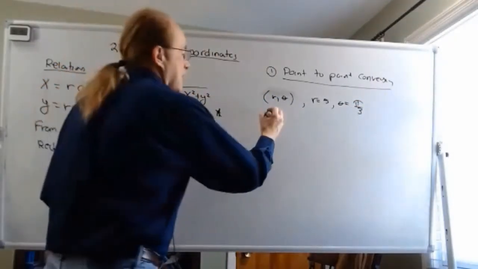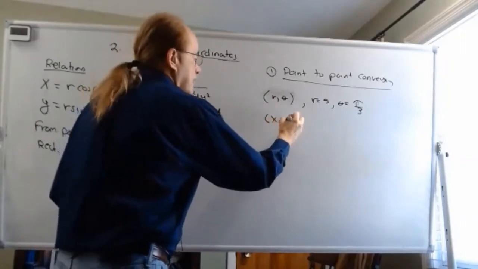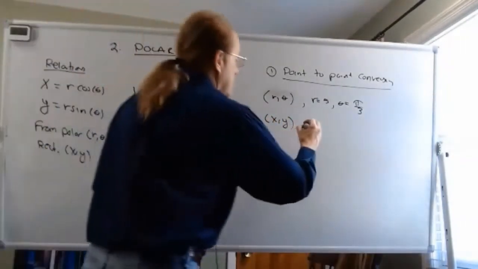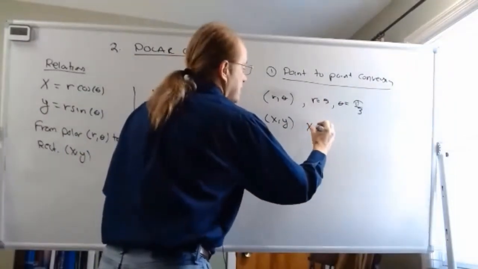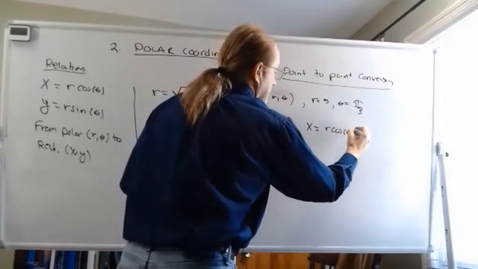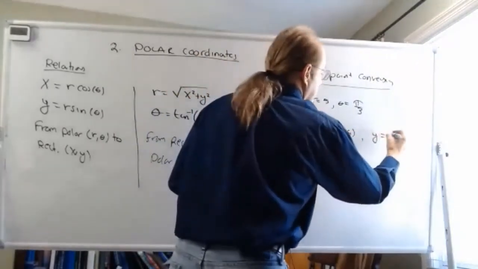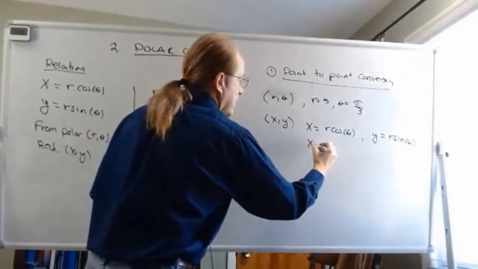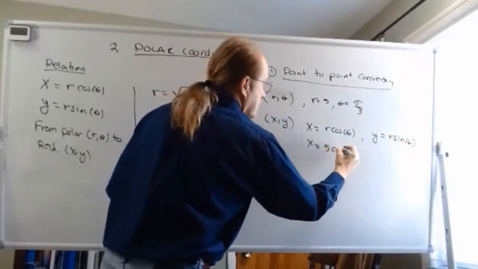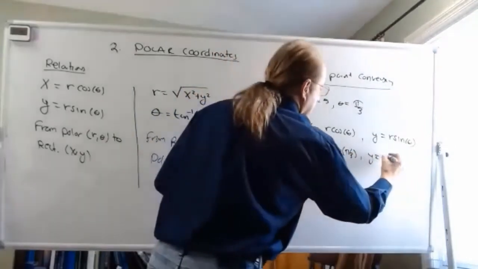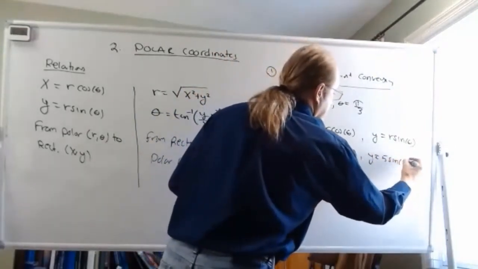And I want to convert that into rectangular. So I'm going to use these conversions. Right from here, I have x is equal to r cosine theta, and y is equal to r sine theta. So I can plug it in. x is equal to 5 times the cosine of pi over 3. y is equal to 5 times the sine of pi over 3.